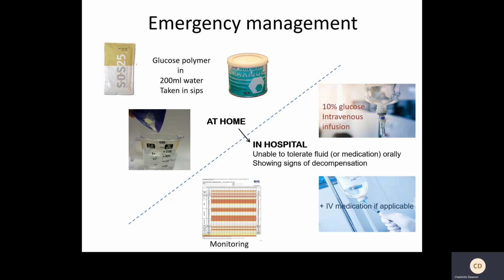Dietitians will maintain regular contact with patients during this time, obviously involving the wider multidisciplinary team as well, and encourage patients to stay at home and take their SOS or Maxigel.